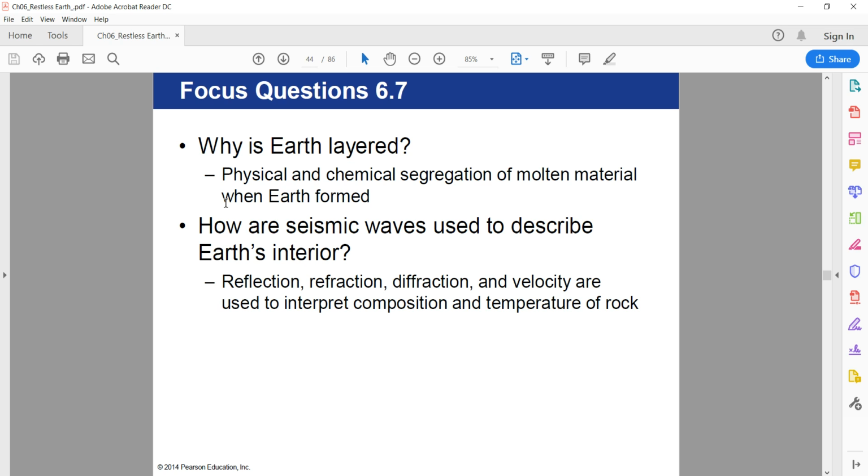How are seismic waves used to describe Earth's interior? Since the seismic waves travel differently through different material, due to the density of the material, they can go through reflection, refraction, diffraction, and the velocity at which they are traveling will be used to interpret the composition and temperature of the rock through which they are traveling.